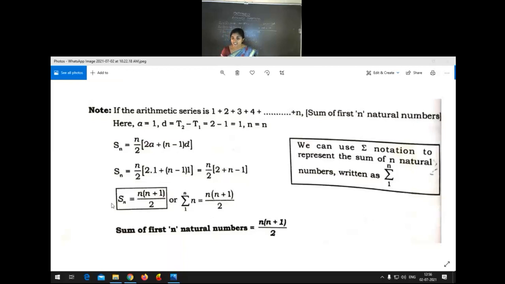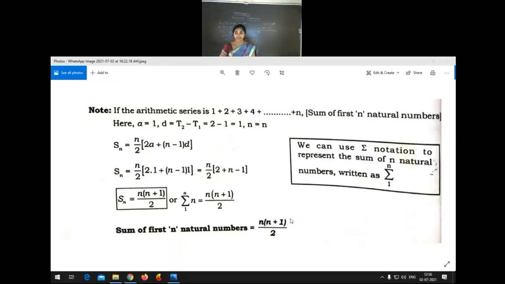So then Sn is equal to n into n plus 1 divided by 2, or you can represent Sn as sigma n also. You all know the sigma symbol, right? Sum of the n terms. Sigma n is equal to n into n plus 1 divided by 2. So now we got another formula. Where can we use this formula?